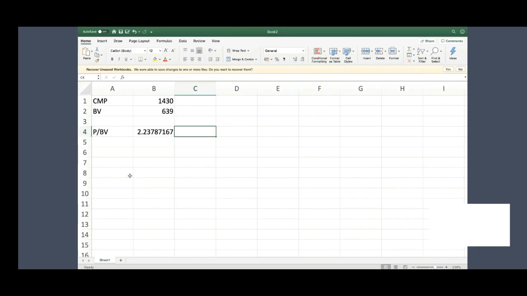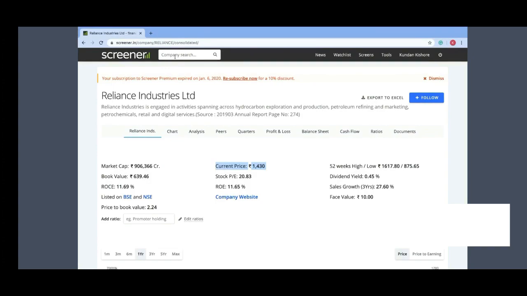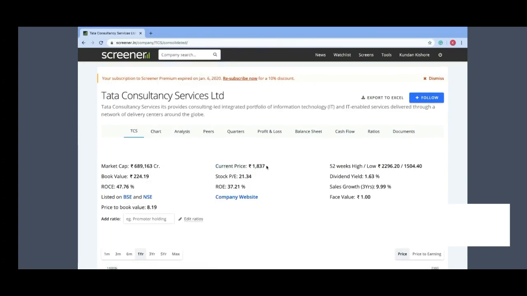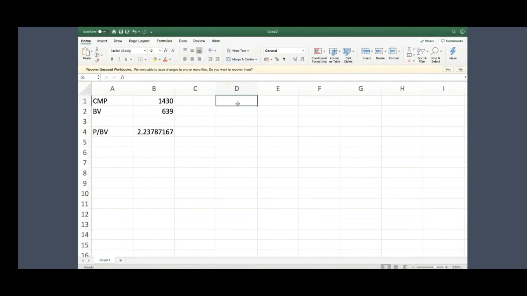Because there are asset heavy companies where price to book value will not be that high. If you go and check the same thing for TCS, which is not an asset heavy company, you will see that price to book value is far higher: 1837 divided by 224, you can see TCS is trading at 8 times its book value.